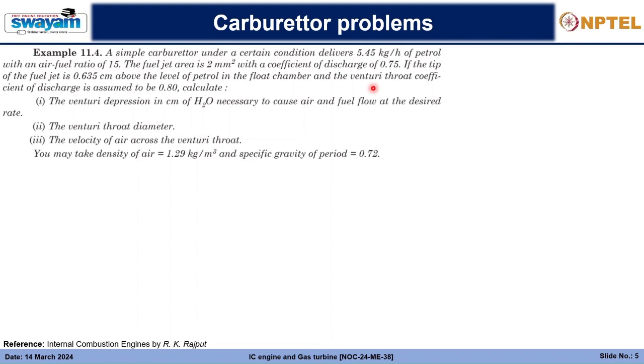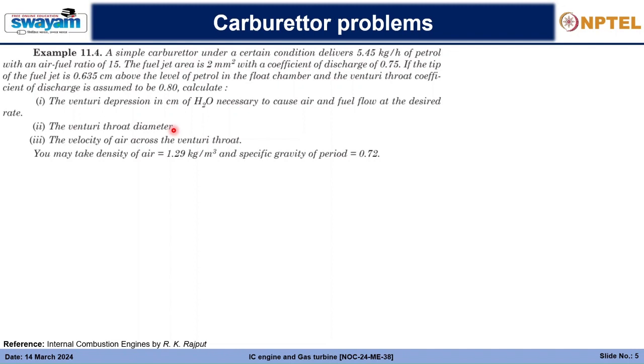then we need to calculate: one, the venturi depression in centimeter of water necessary to cause the air and fuel flow at the desired rate; two, the venturi throat diameter; and three, the velocity of air across the venturi throat.